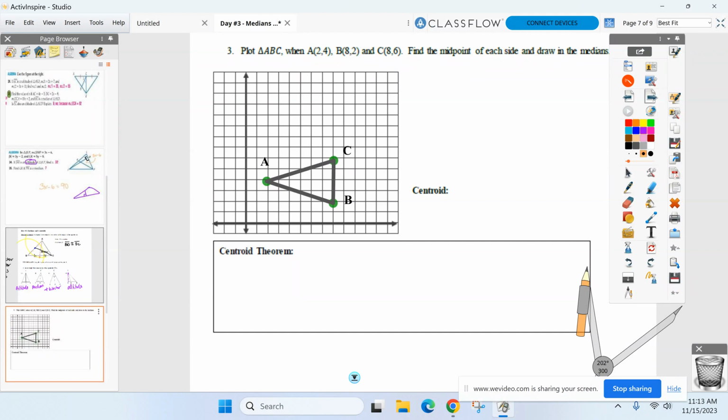I don't think you need the formula for the midpoint of CB, right? I think you guys can just figure that out by counting and cutting it in half.